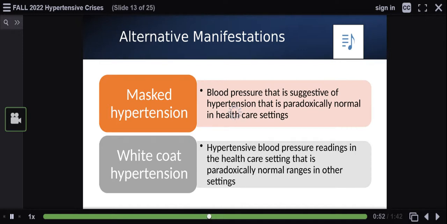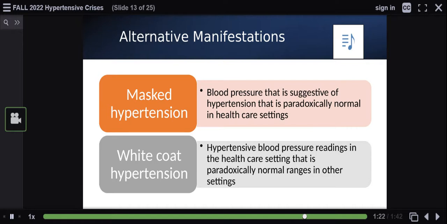Patients with masked hypertension exhibit elevated blood pressure at levels typically consistent with hypertension in settings outside the hospital or clinic, while their blood pressure is seemingly normal in healthcare settings. In contrast, patients with white coat hypertension have blood pressure readings that would suggest a diagnosis of hypertension when they are in a healthcare setting or clinic, but are within the normal ranges in other settings.